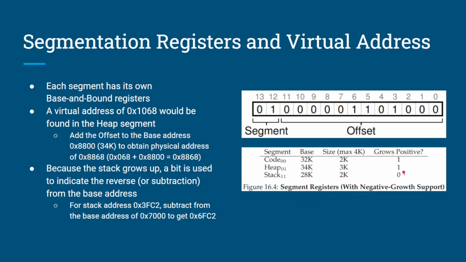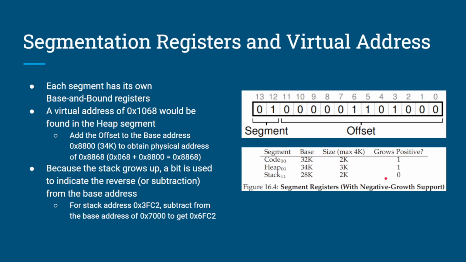So this bit tells us instead of adding, we actually go backwards, or subtract. In this way, we have a way of addressing a particular piece of memory virtually that allows us to use different segments to work with.